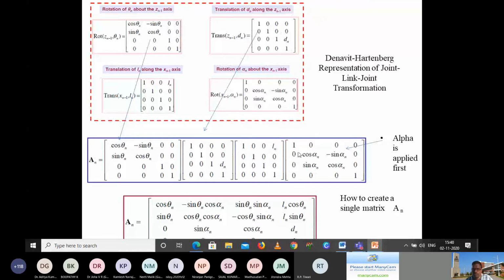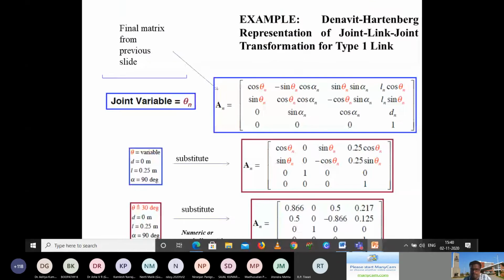Once you follow the order correctly, you will get the final answer correctly. These are the general forward kinematic equations for any link and joint combination as per Denavit-Hartenberg. This is the formula, so you can substitute the variables and get the values in numerical form.